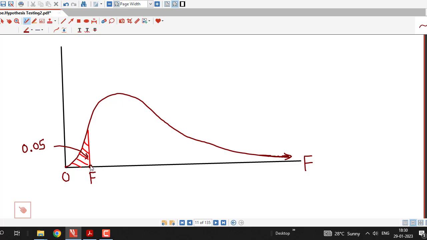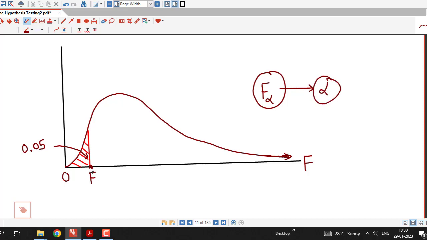We know that the point on the horizontal axis is the critical value of F if the area to the right side of that point is given. For example, if I write F alpha on the horizontal axis, then F alpha is that value of capital F such that the area to the right side of F alpha is alpha.